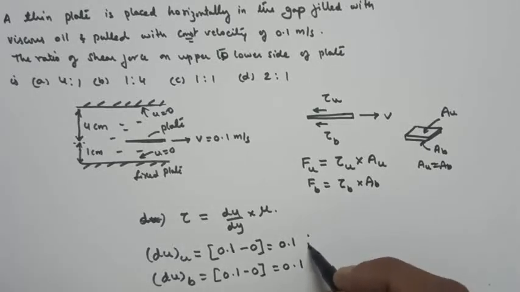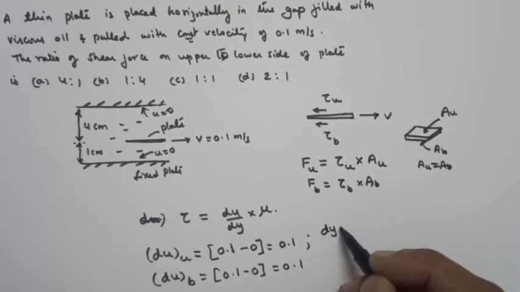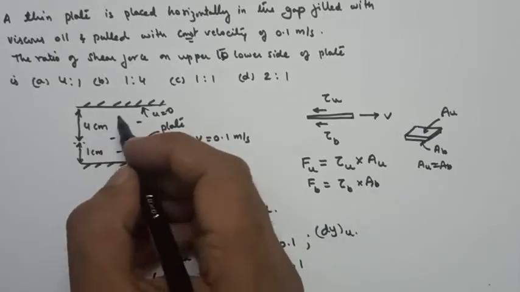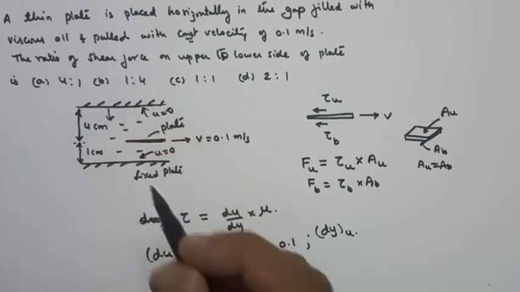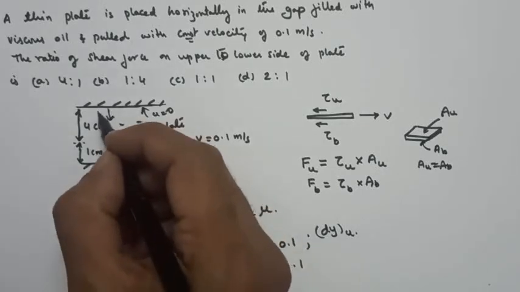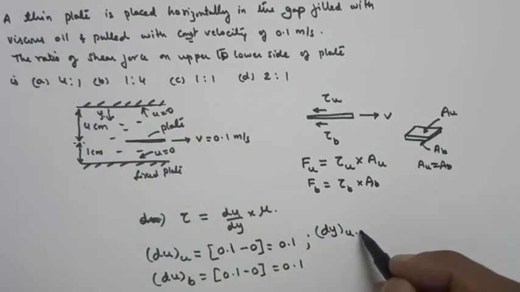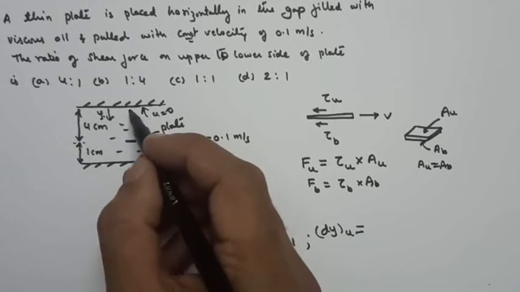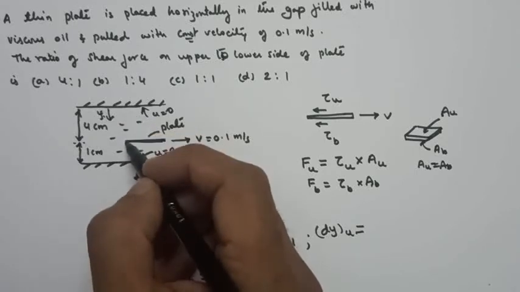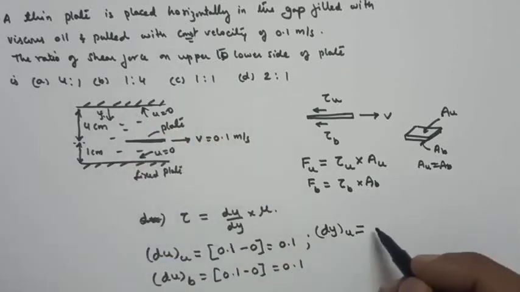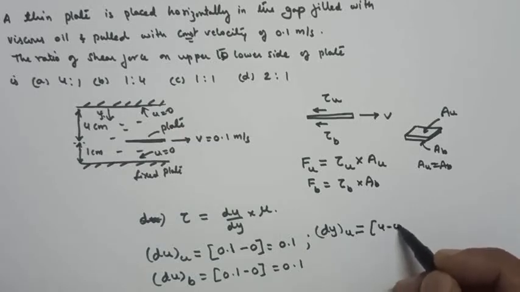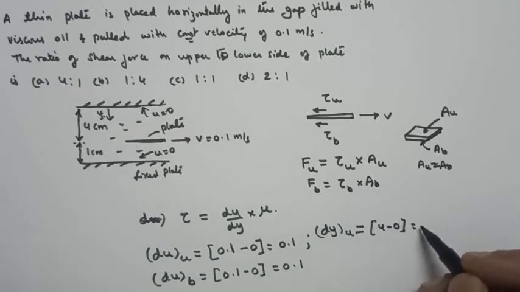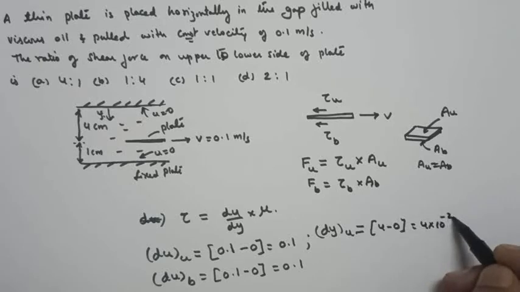Whereas dy, for the upper one, we'll measure from this, so y is going to be in this direction. For the upper it is, sorry, 4 minus 0, so it is 4 into 10 to the power of minus 2.